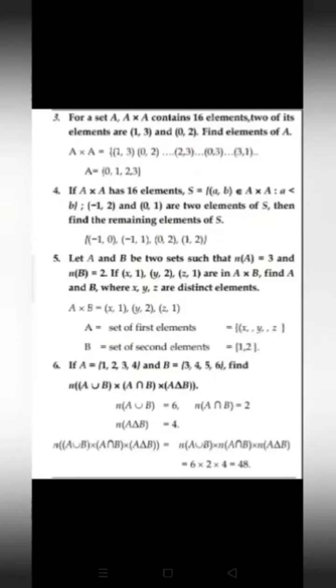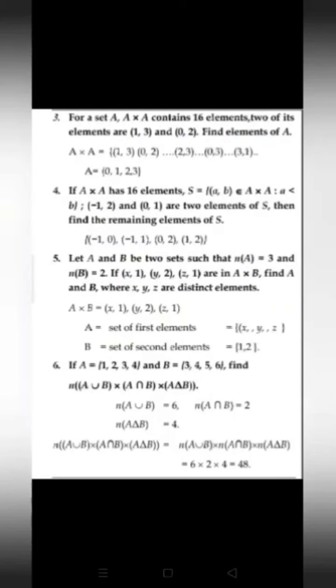Right. Then next example. If A equals {1, 2, 3, 4} and B equals {3, 4, 5, 6}, find n of (A union B) cross (A intersection B) cross (A symmetric difference B). Here A is given, B is given.